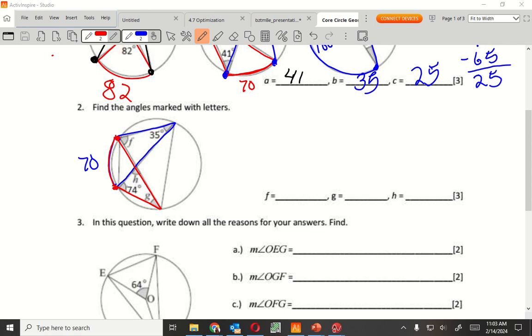And G is what type of angle? Inscribed. So an inscribed angle is always half of my arc. If my arc is 70, what's G? 35. I'm going to have 35 right there.